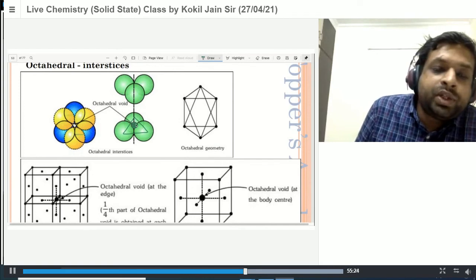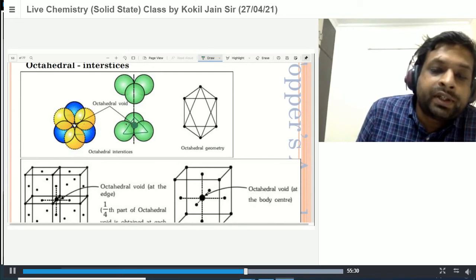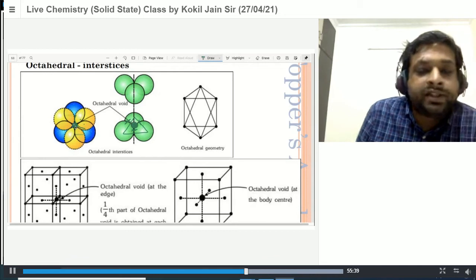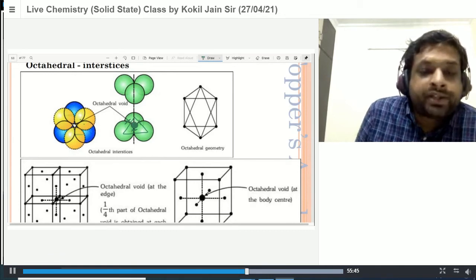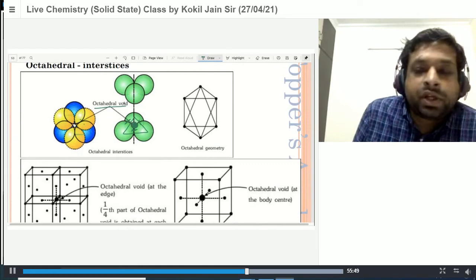We are situating these solid spheres in between these spheres here, here, and here. So these three yellow spheres, and in between them you can find a void here at the center position. This is what we are going to see. This type of void is called an octahedral void. Now, this is what your octahedral looks like.